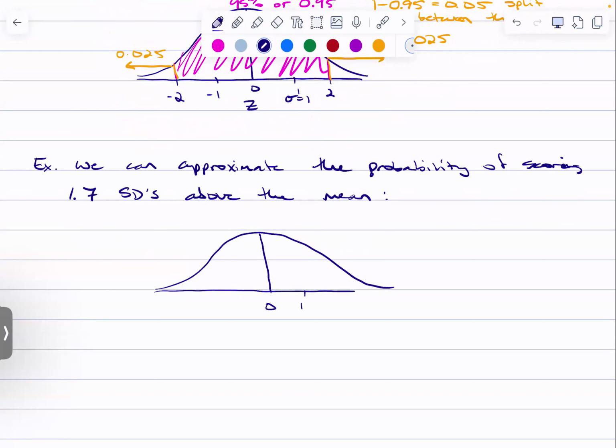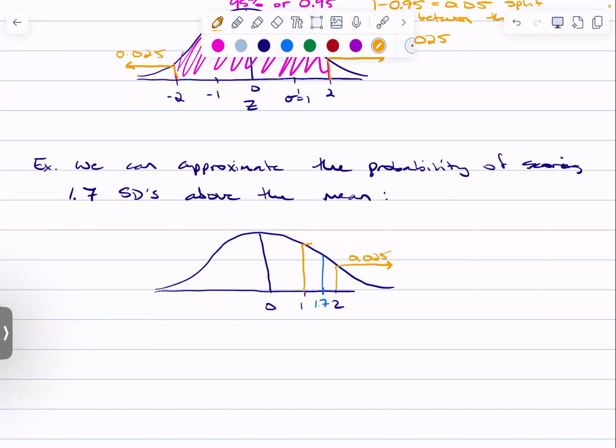We had our cutoff at 1 and 2, and we have a score of 1.7. But from earlier, we found that the probability of scoring more than 2 standard deviations was 0.025.